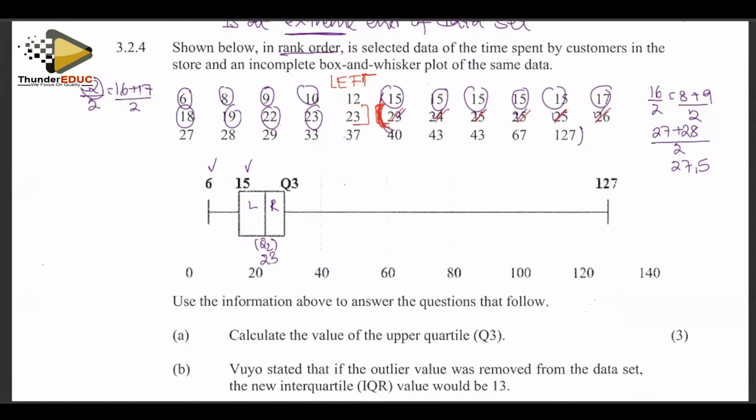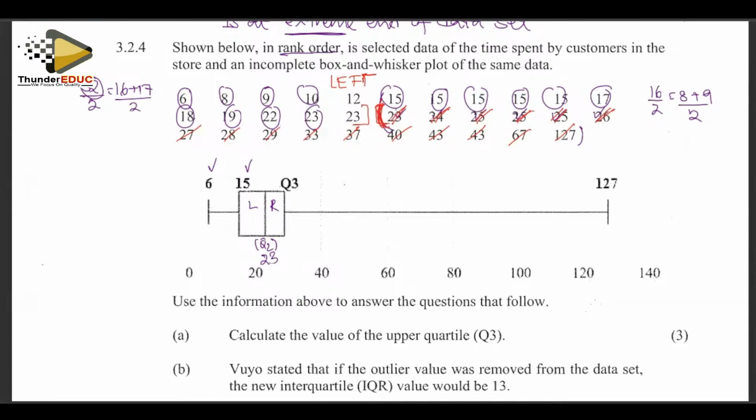So we have 1, 2, 3, 4, 5, 6, 7, 8, 9, 10, 11, 12, 13, 14, 15, 16. Of these 16, we are going to look for the median, which will become our Q3. So 16, we need 8 and 9. The number in the eighth place on the right-hand side and the number in the ninth place on the right.